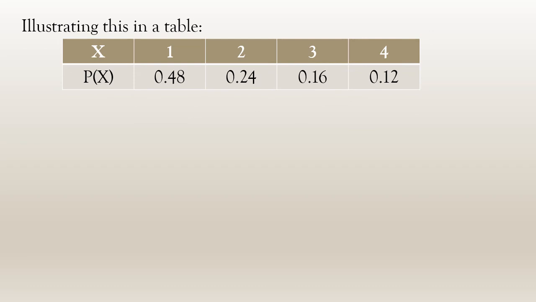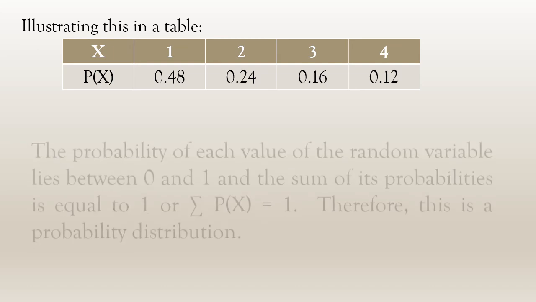So, illustrate natin yung result natin sa ating example, letter B, using decimal. So, ang random variable natin dito ay x, which has the values of 1, 2, 3, and 4. So, ang probability naman ng ating x sa 1 ay 0.48, sa 2 ay 0.24, sa 3 ay 0.16, at sa 4 ay 0.12.